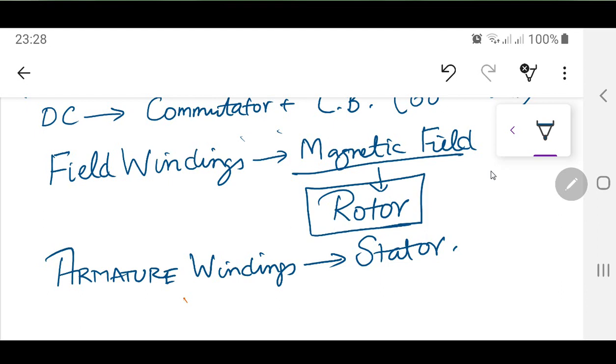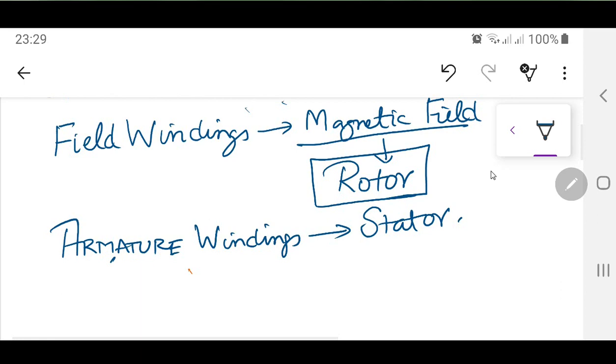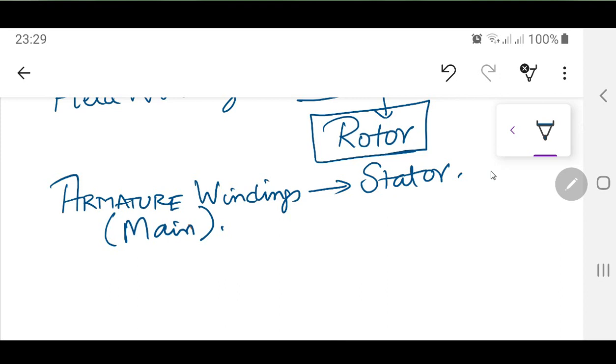This time, in the synchronous generator, or simply SG, you have interchanged this. The field windings are now rotating, and the armature windings are static. Now, you all know that the armature windings are the main windings in which the current is going to be produced. So when the main EMF is produced on the stator, you can take that current out of the armature windings very easily and without any carbon brushes.